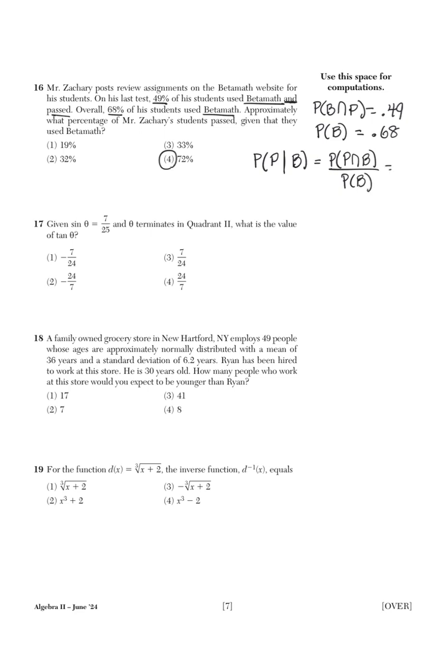So now all I'm going to do is take my probability of passed and beta math, which is the same as this. Okay, the order of these letters doesn't matter for ands. And so that's going to be 0.49 over 0.68, and then just throw that in your calculator.